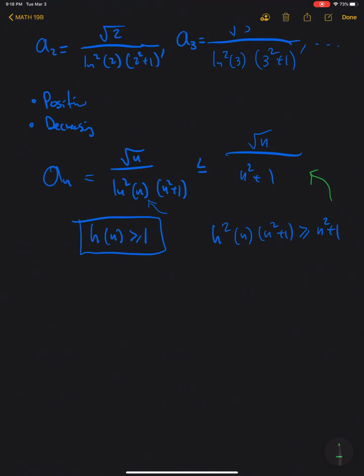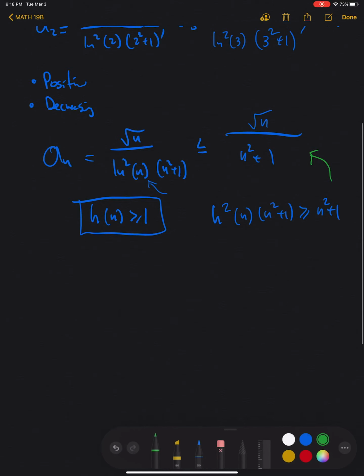And I can repeat this trick again. Replacing with a smaller denominator gives me a bigger fraction.